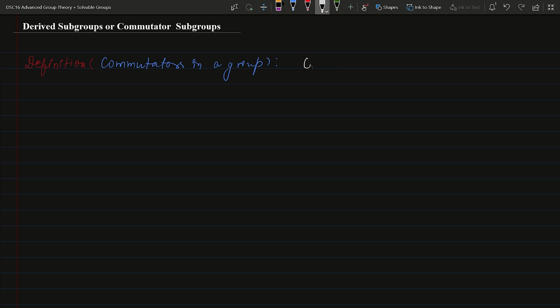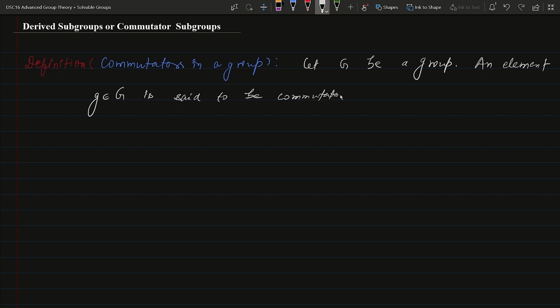So let me write, let G be a group, an element g in G is said to be a commutator if g equals a b a inverse b inverse for elements a and b in G.